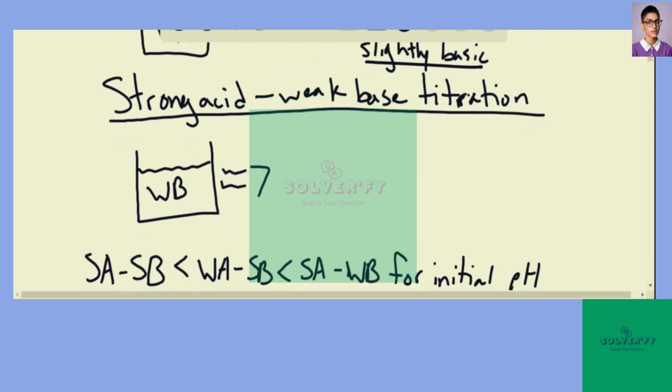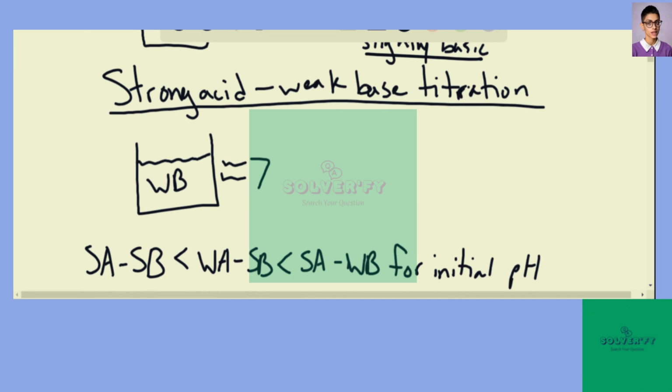Now for the strong acid to weak base titration, at equivalence point, the solution consists of the anion of strong acid and the cation of weak base. Strong acid anion does not react with water.